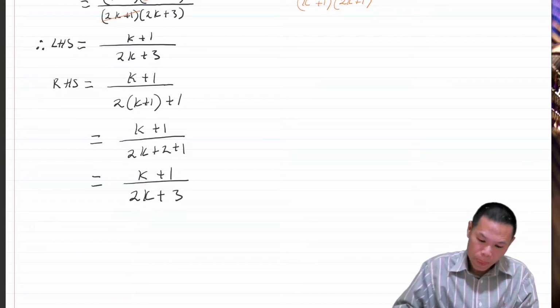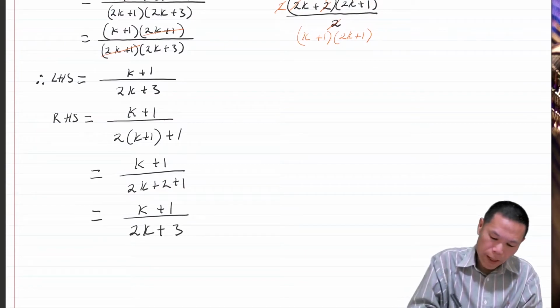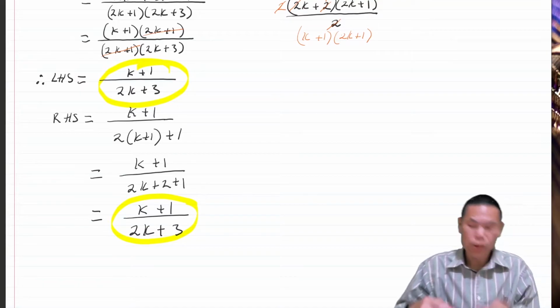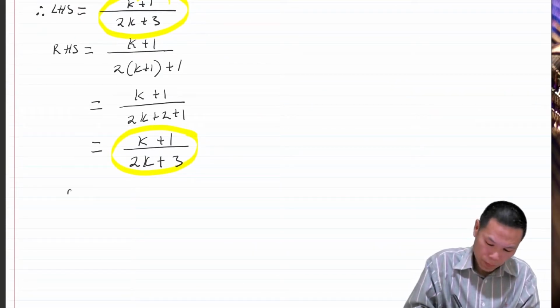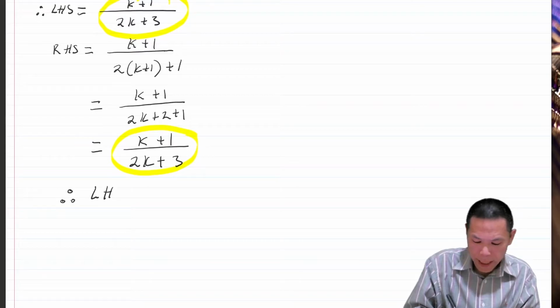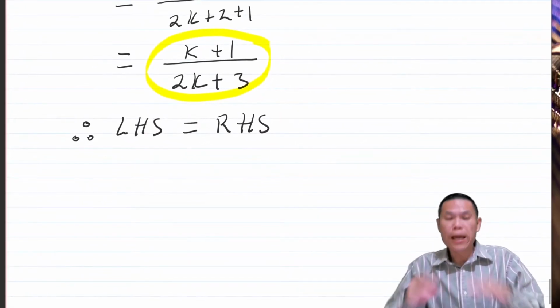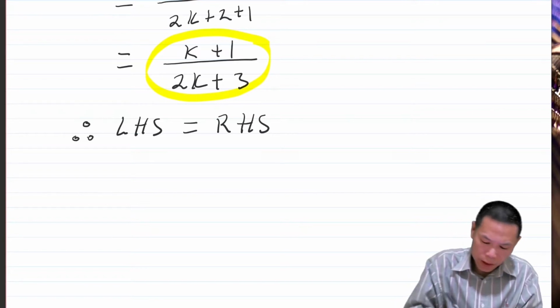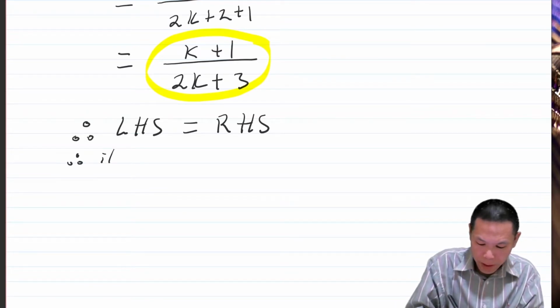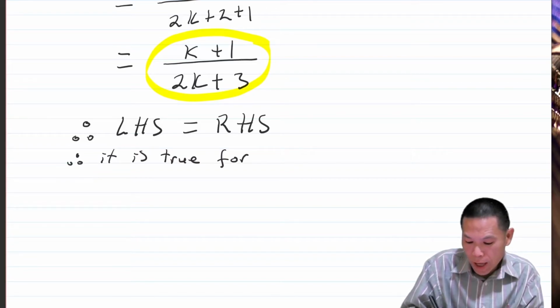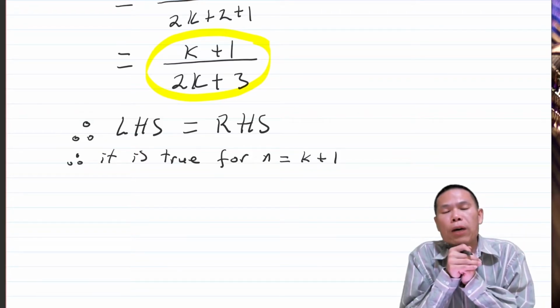So therefore, the left hand side is this and the right hand side is this. So we can write therefore, left hand side is equal to the right hand side. So now we can just write the statement for this. So therefore, it is true for n equal k plus 1. Now we just need to write the last statement.